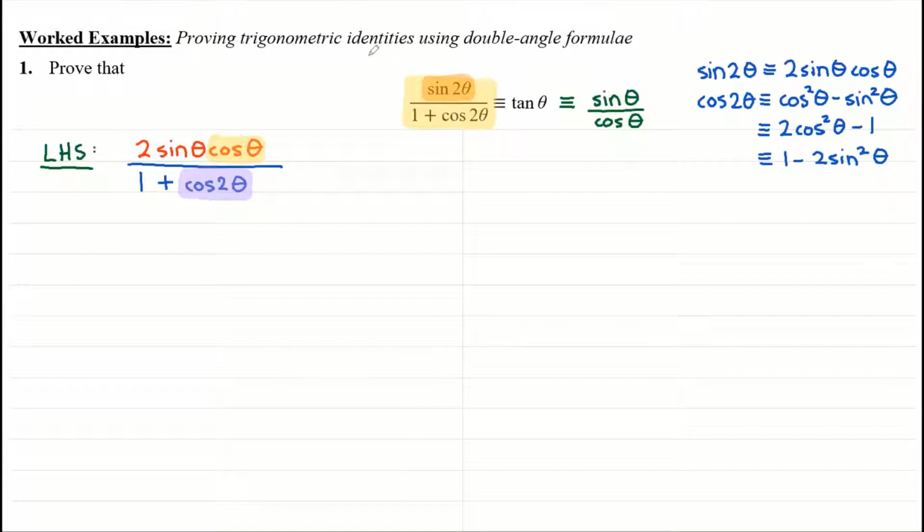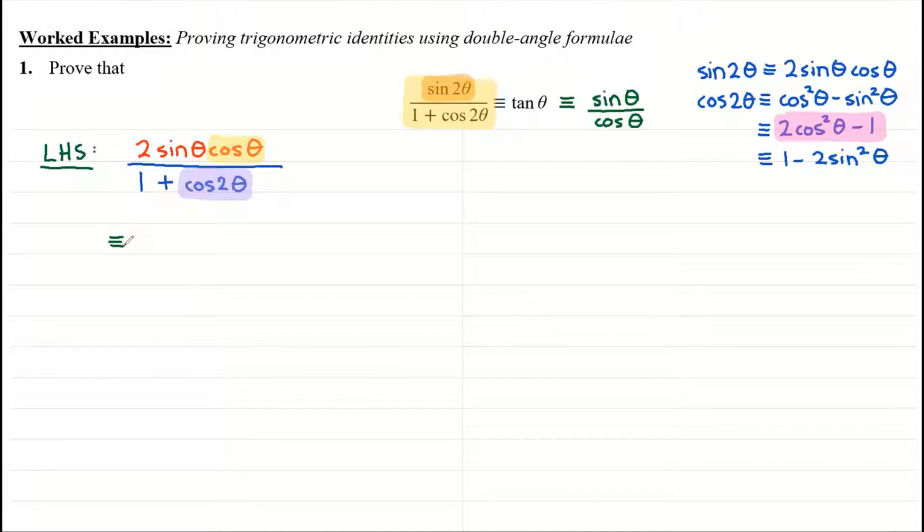I couldn't cancel the cos theta in the numerator, which is kind of what I want to happen. So it looks like my best option would be to select this identity here. Like I said, I haven't planned this, this is just me planning ahead. So I'm going to use that. And if it doesn't work, it doesn't matter. We just go back to the drawing board, or we go back a couple of steps.